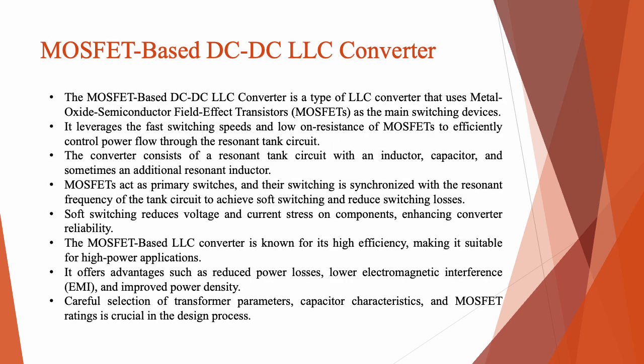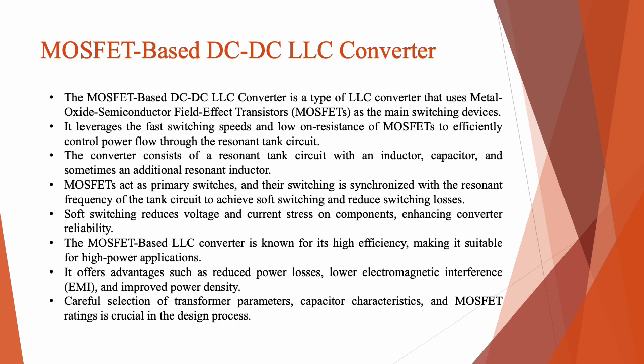MOSFET based DC-DC LLC converters. This is a type of LLC converter that uses metal oxide semiconductor field effect transistors as the main switching device. It leverages the fast switching speed and low on-resistance of MOSFETs to effectively control power flow through the resonant tank circuit.